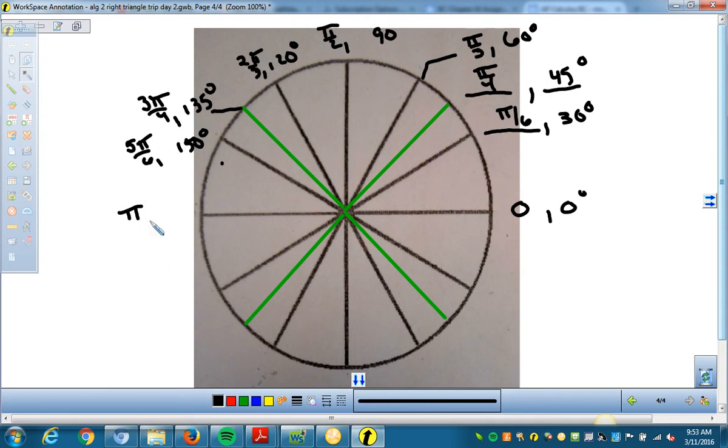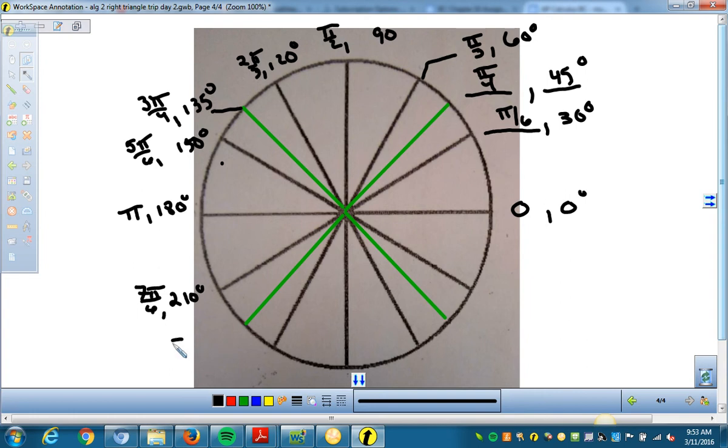Pi and 180 degrees. We keep going, it goes up by 30 to 15, 15. So this is 210, and we have 7 pi/6. So the first number is 7 pi/6 and 210 degrees.